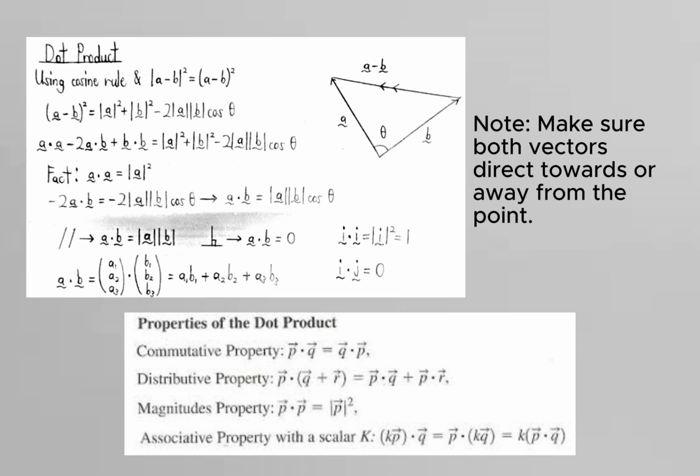There are some properties, such that if two same vectors are multiplied together, you get the magnitude squared of that vector. If vector i times vector i, you get i's magnitude squared, which is 1. If not, it will become 0.